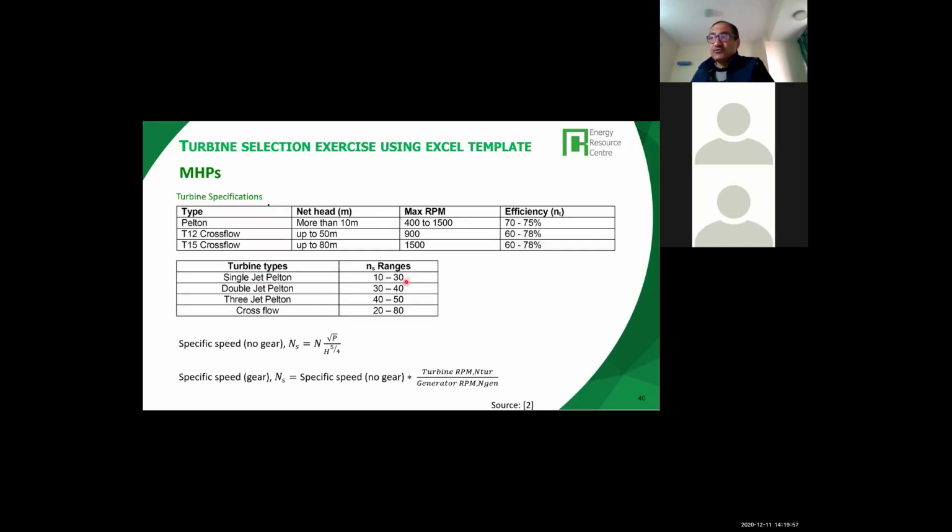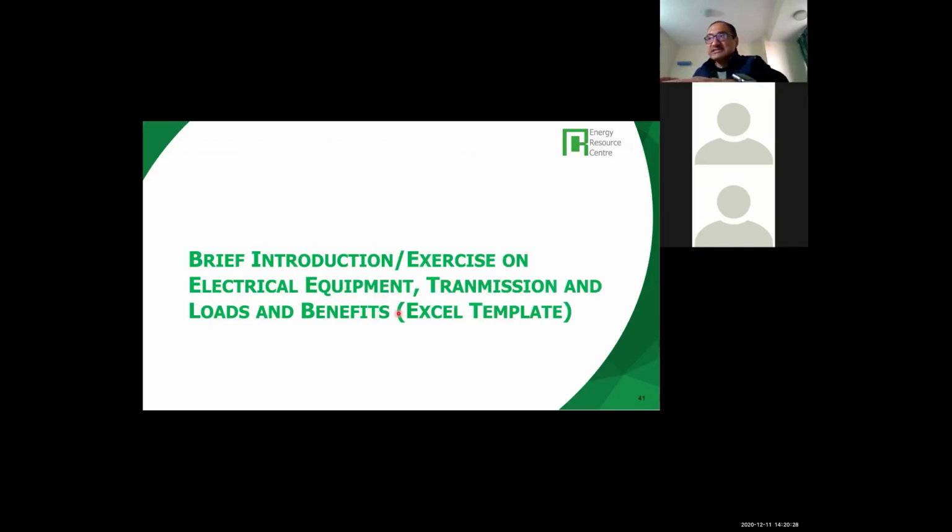So single jet 30 to 40, double jet 30 to 40, 3 jet 40 to 50, cross flow 20 to 80. So what we do is we calculate the specific speed, and if the NS speed is not within this range, then we use a gear system so that we can reduce the speed to our range, as I showed earlier in the exercise.